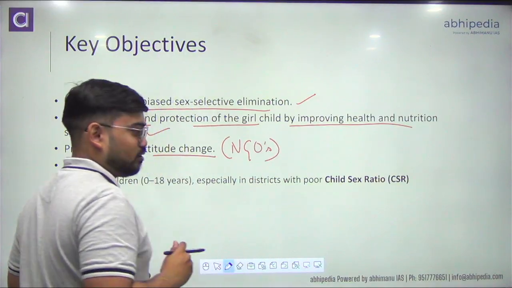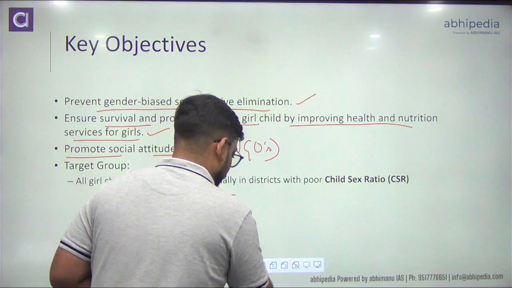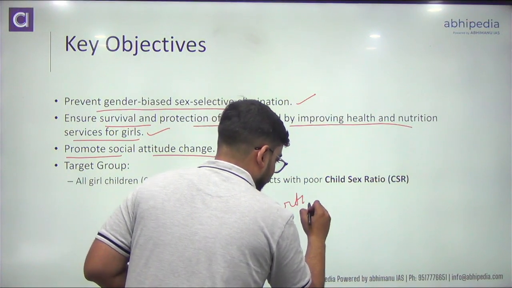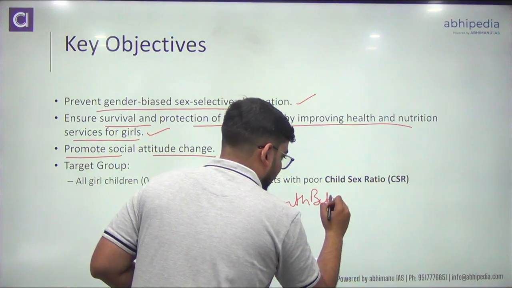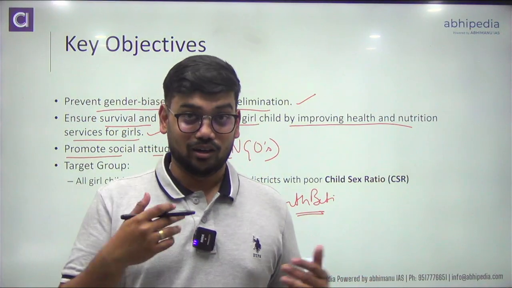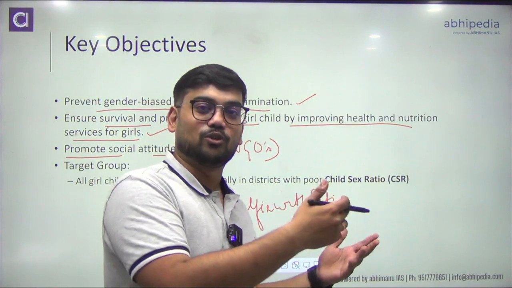Also, you might have heard of Selfie with Beti, right? Under this campaign, people were encouraged to take a selfie with their girl child, so that they can also celebrate the birth of the girl child, right?